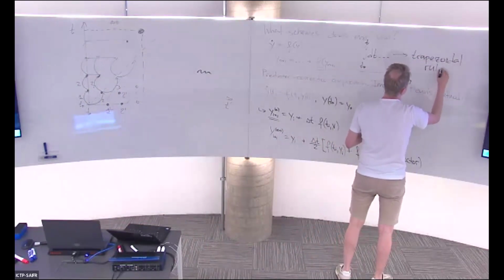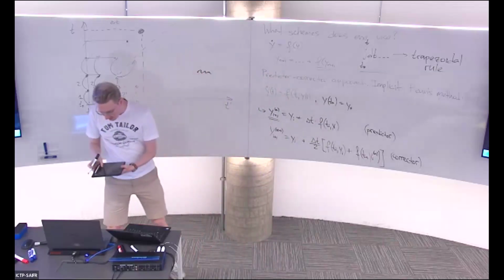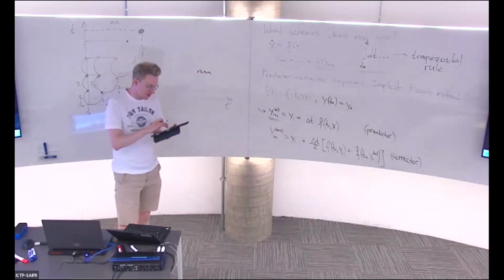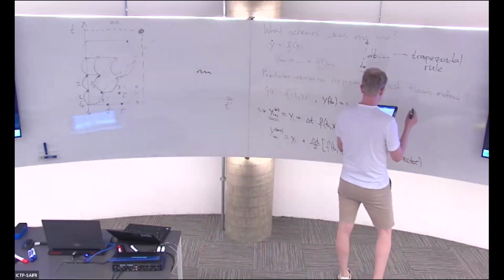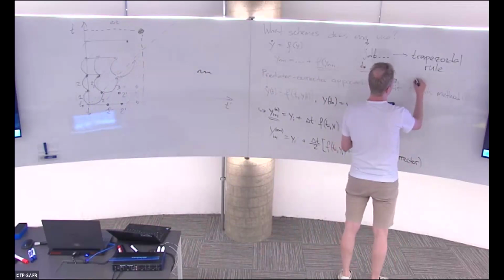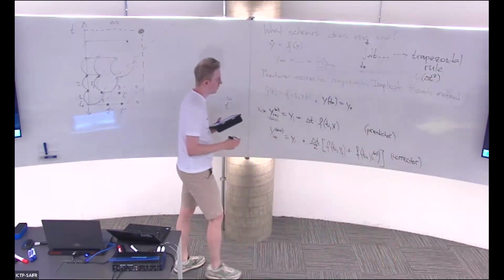In most cases, it's the simplest option, right? But the trapezoidal rule has an error, I believe, of O of delta t squared, correct me if I'm wrong.